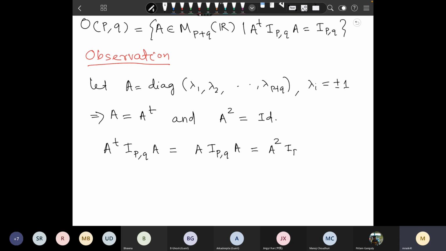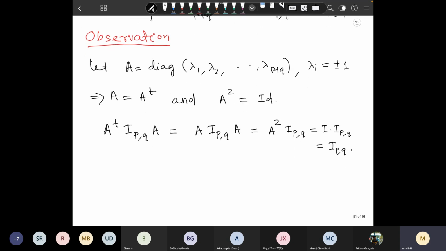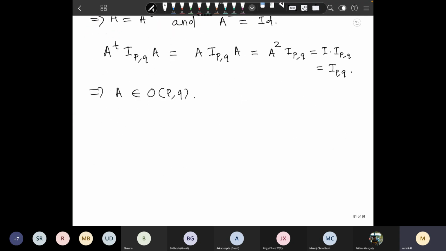That will give me A square I_{p,q}, and A square is equal to identity, so that will be I_{p,q}. So that means A belongs to O(p,q). So what I have proved is that if A is a diagonal matrix whose diagonal elements are plus or minus 1, then A belongs to O(p,q).